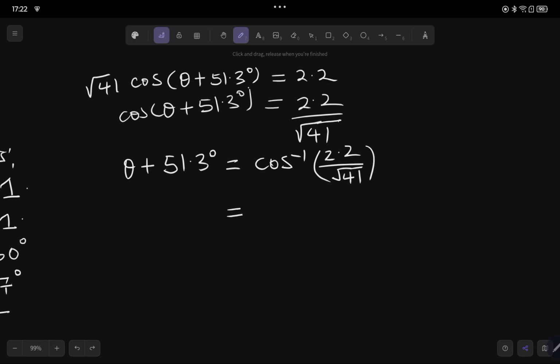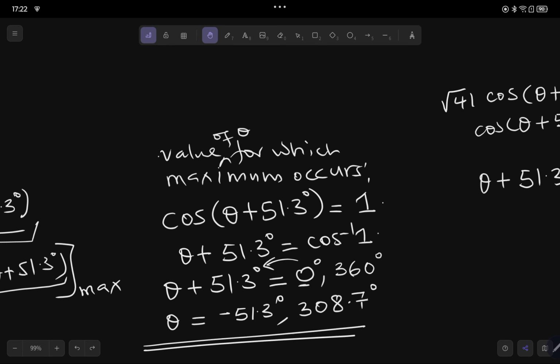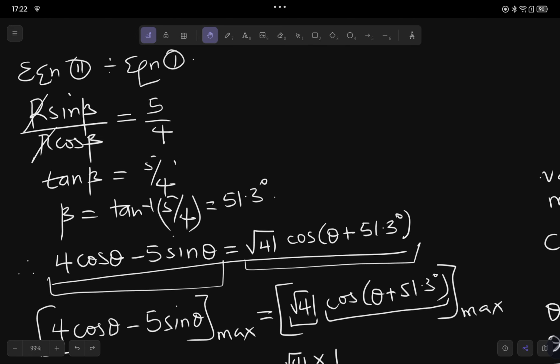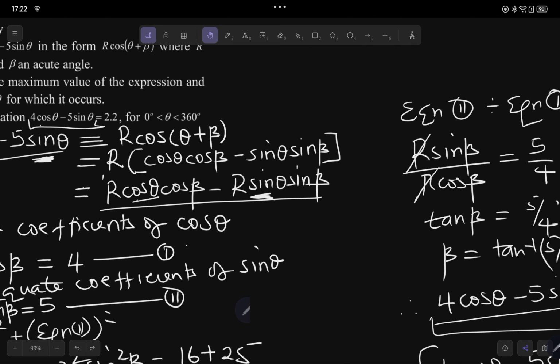Now here we have to be very careful because the theta being asked of us is given a range from 0 degrees to 360 degrees.